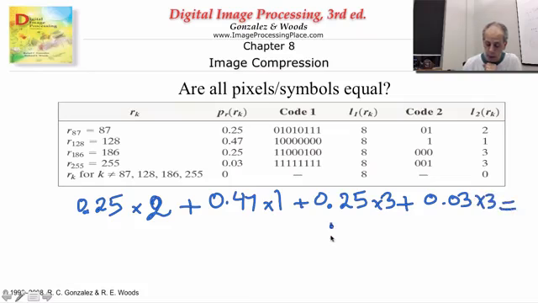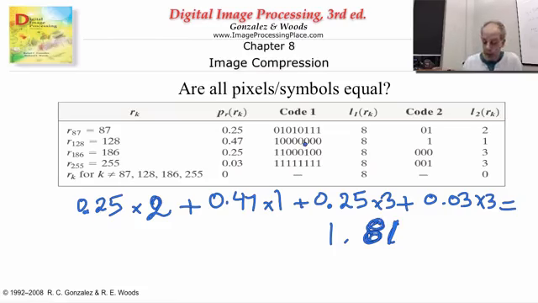And this is equal to 1.81. So instead of 8 bits per pixel, I'm going to have 1.81 on average over my whole image.